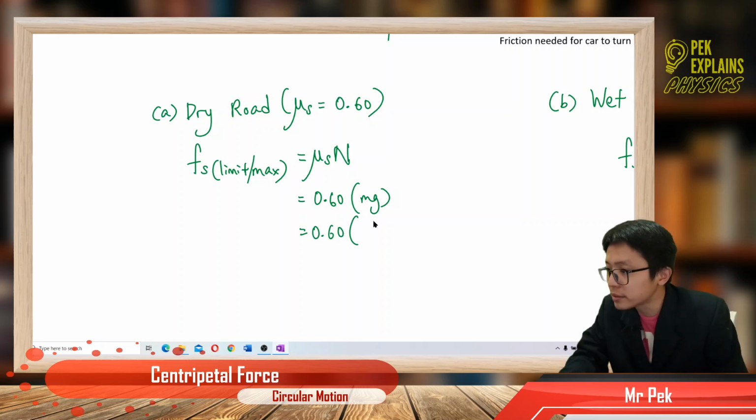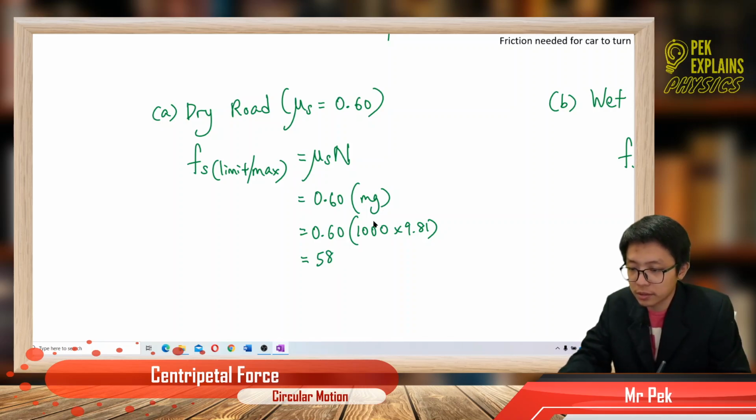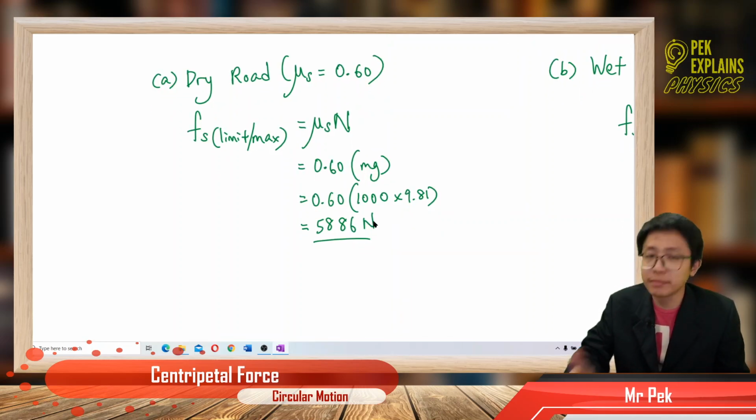The mass is 1,000 kilogram, multiplied by 9.81, the g value. So we got 5,886 Newton. That means this is the maximum friction the road can provide.